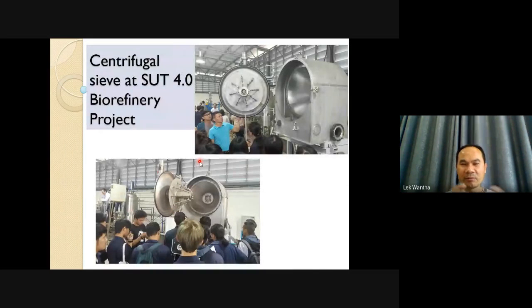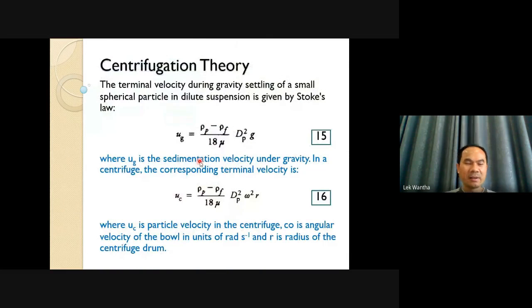I talked about the equipment, the principle, and maybe the theory. For this case, going back to the flow of solid in liquid, I think you studied it in the lab on fluidization. Mostly we talk about terminal velocity.